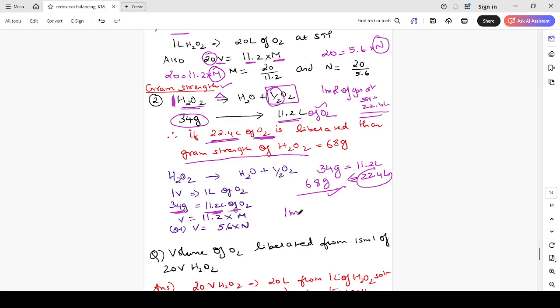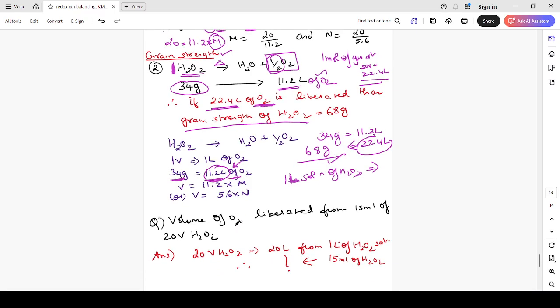So what have we learnt? 1 liter solution of hydrogen peroxide will give me so many liters of oxygen at STP condition. Correct? So if I am talking with respect to 11.2 liters of oxygen that I have collected at STP, I will say that will be its volume strength, isn't it? Right. Let's go for the next question here.